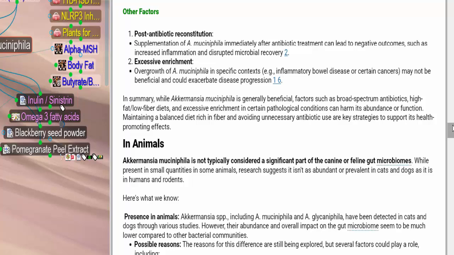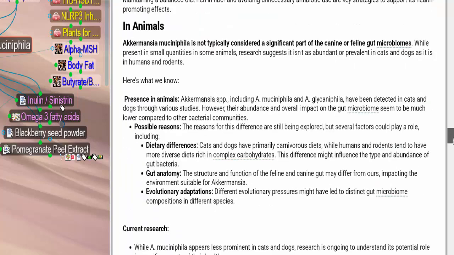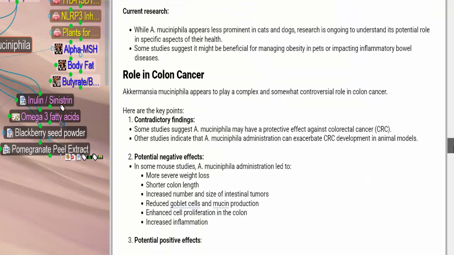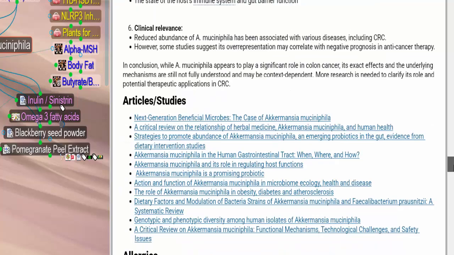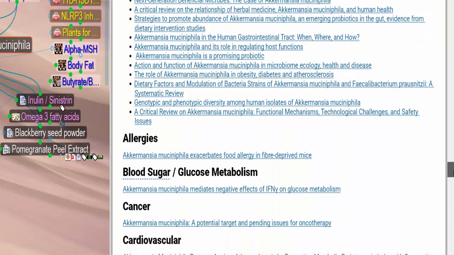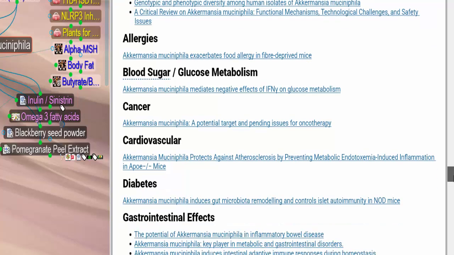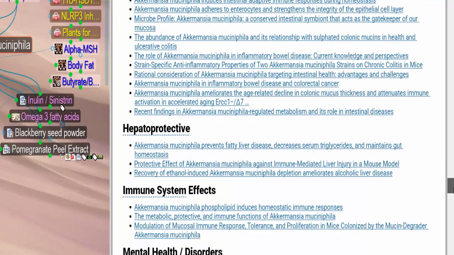Post-antibiotic reconstitution. Supplementation of Akkermansia immediately after antibiotic treatment can lead to negative outcomes. And excessive enrichment, taking too much of a probiotic of Akkermansia. There's stuff about animals, and here you can learn about its role in colon cancer. Of course, we've got a lot of studies here that show its effect on allergies, diabetes, its gastrointestinal effects, mental health disorders too.